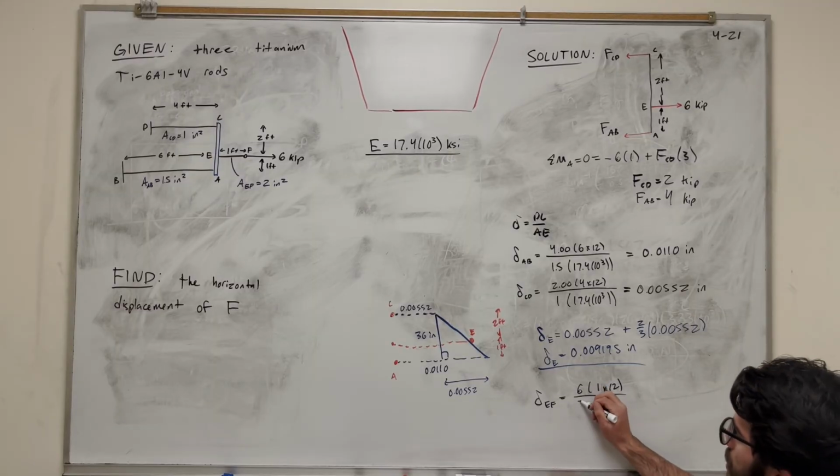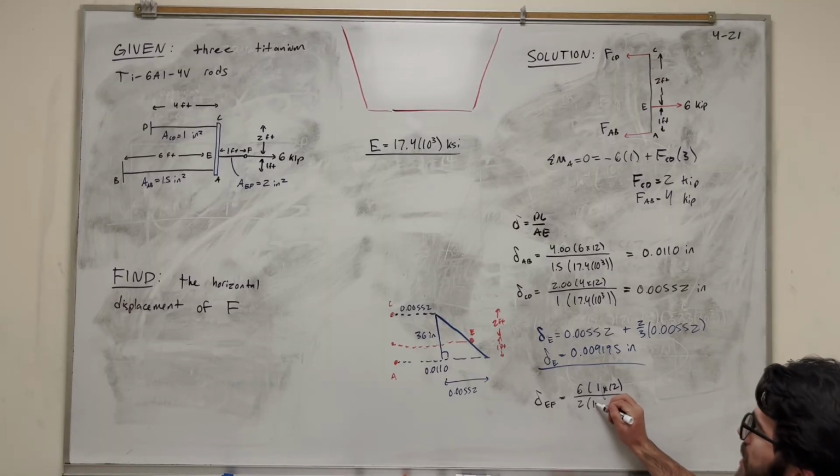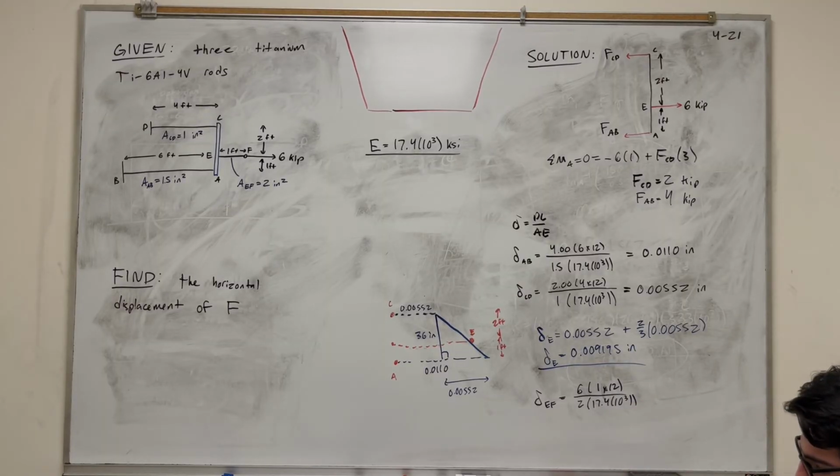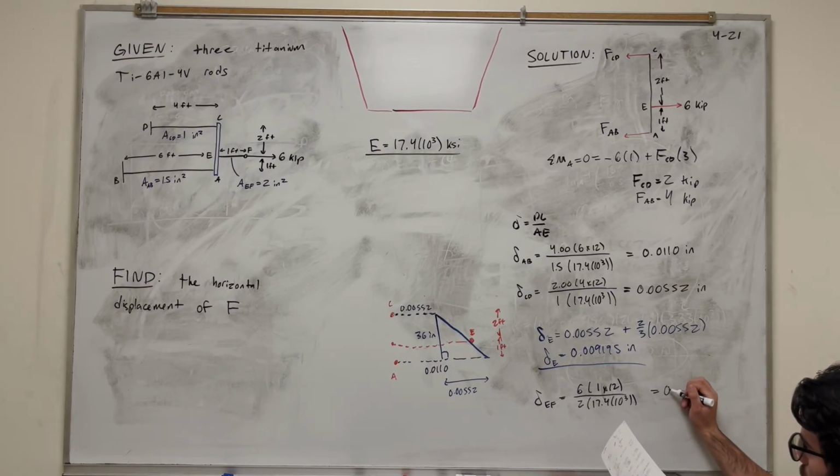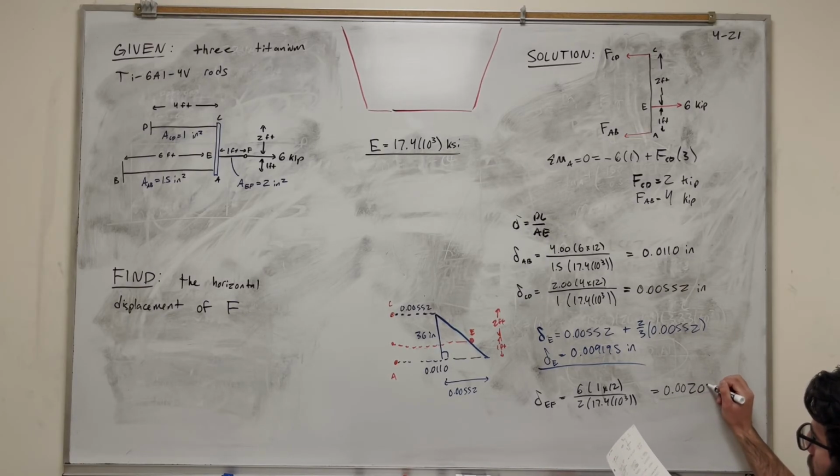Its area is 2, and its elasticity is 17.4 times 10 to the third. You get that this is equal to 0.00207 inches.